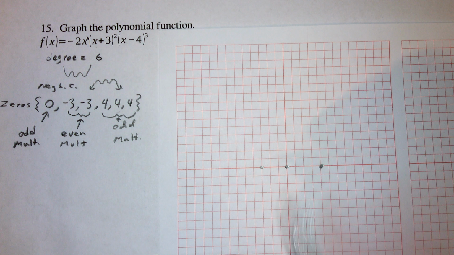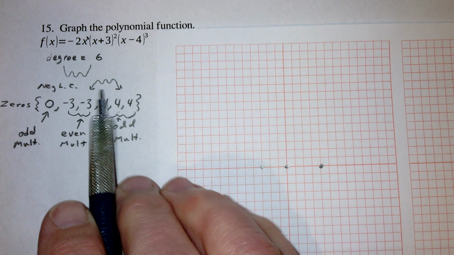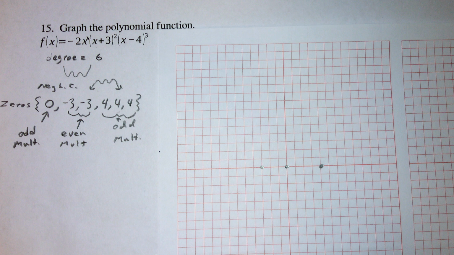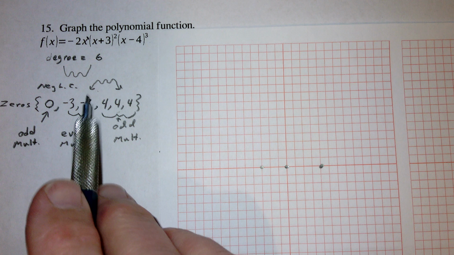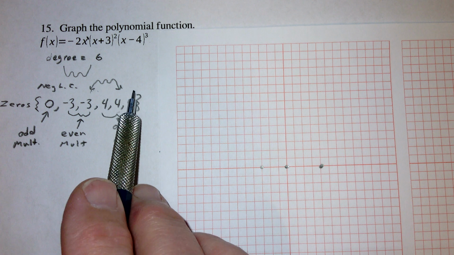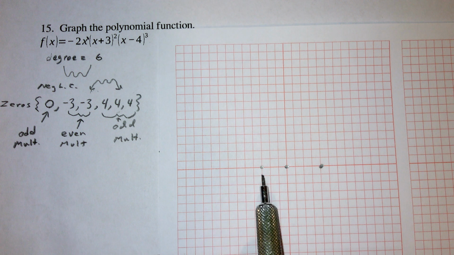So don't worry about replicating all these squiggles in the middle, because in real applications, sometimes those just get so scrunched up that you can't really tell. The main things we're looking for: end behavior. Where does it go on the ends? And are we correctly bouncing and going through.